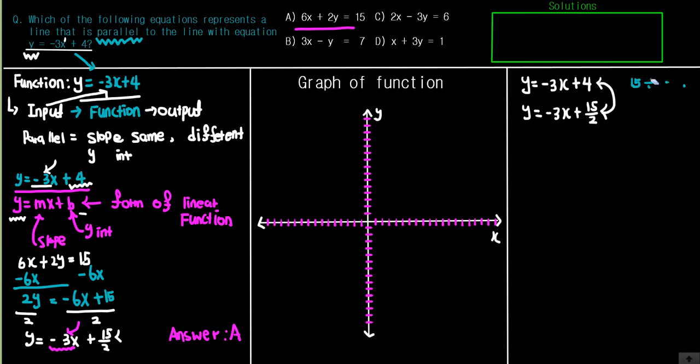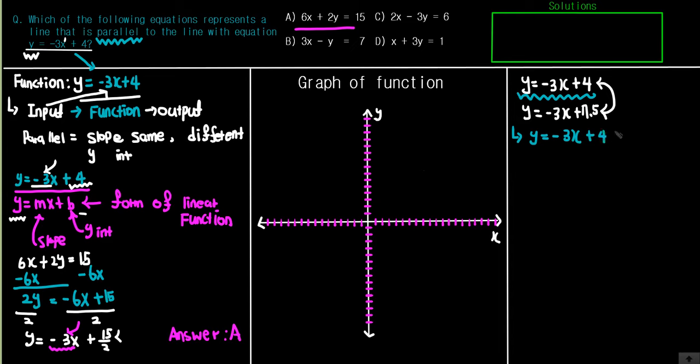So we can replace 15 over 2 with 7.5. What I'm going to do is first draw the graph y is equal to negative 3x plus 4.